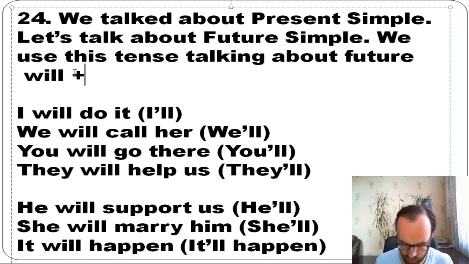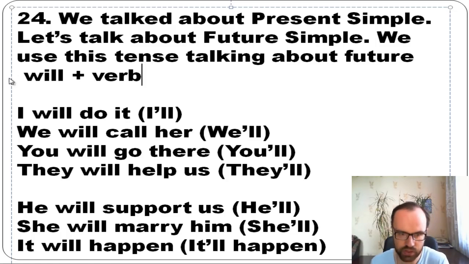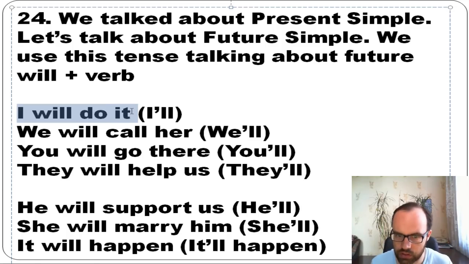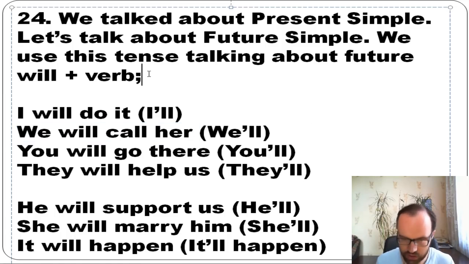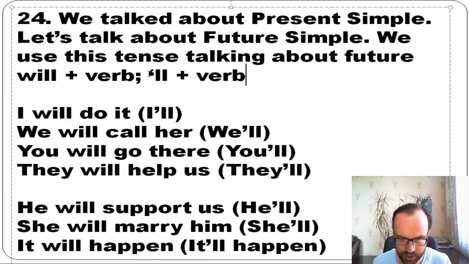Will plus verb. For example, I will do it. We will call her. Or we can use a short form. So double L plus verb, but we pronounce it another way.